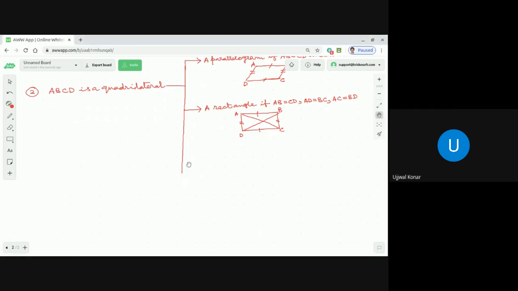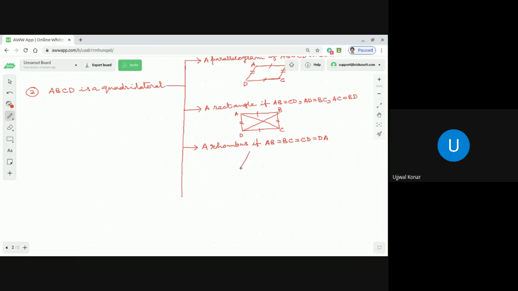So it will be a rhombus if AB is equal to BC is equal to CD is equal to DA.